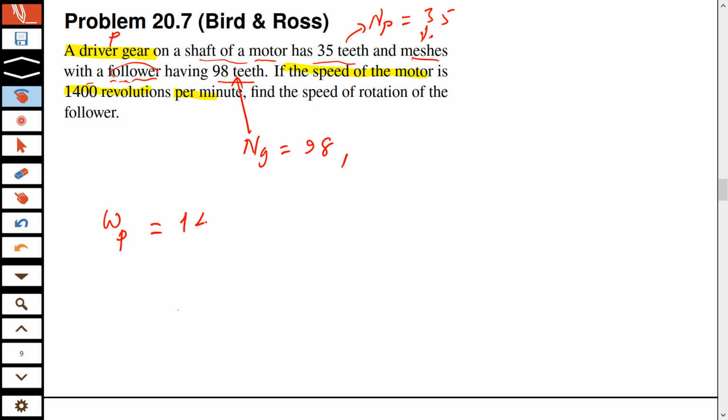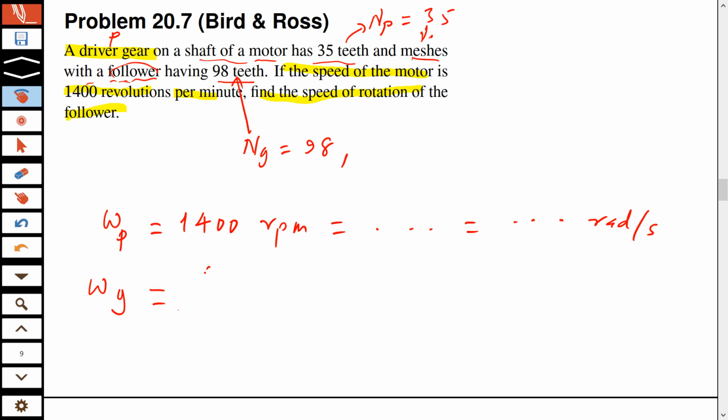So this is simply 1400 RPM. Now by proper conversion, you can turn this into radian per second. That's important. Now you want to find the speed of rotation of the follower, omega G, the speed of the gear or the follower.